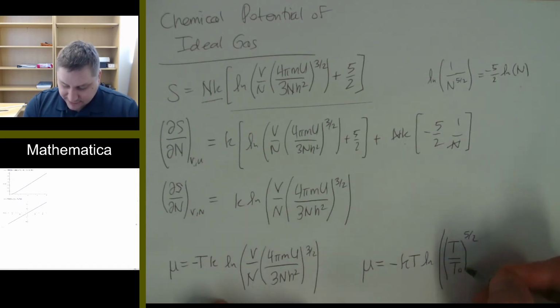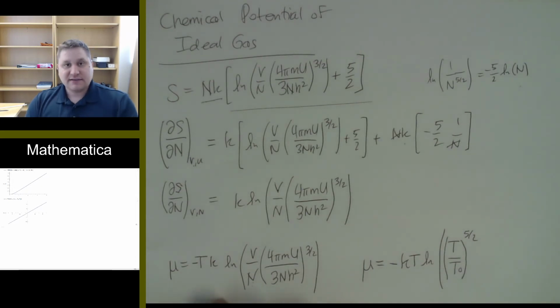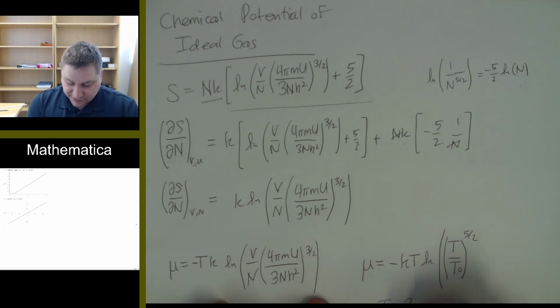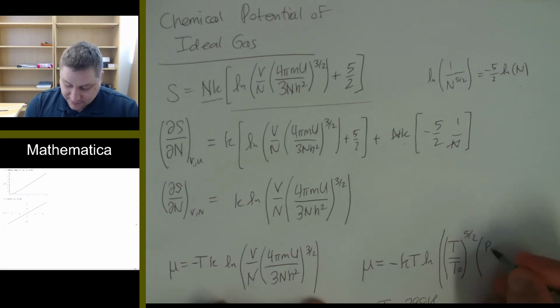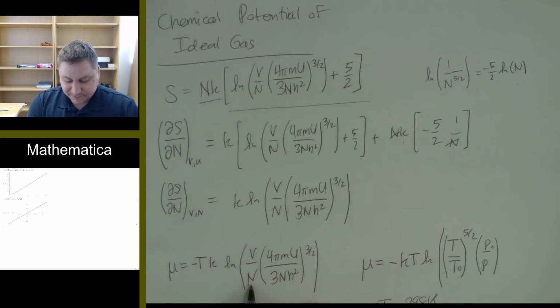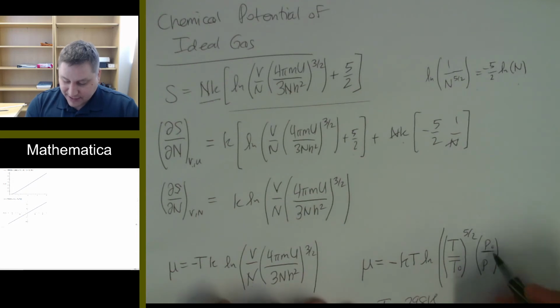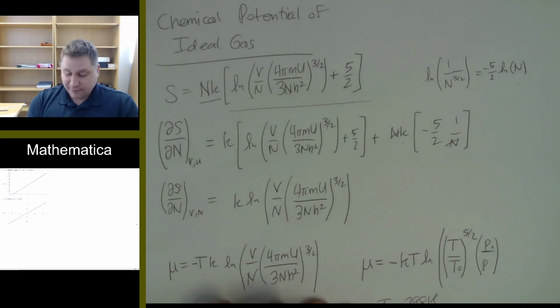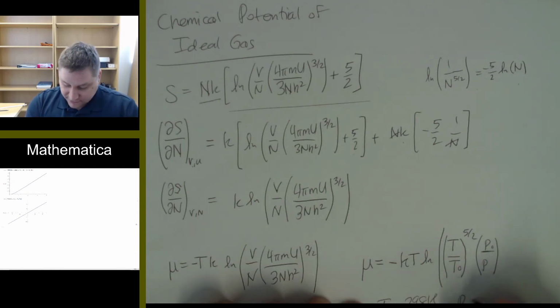And we'll standardize that by dividing it by a reference temperature T0. Now T0 is actually 298 Kelvin. Then we're going to have a pressure in the denominator. So P in the denominator of this, V over N. And we'll standardize that by multiplying on the numerator by a reference pressure, P0.